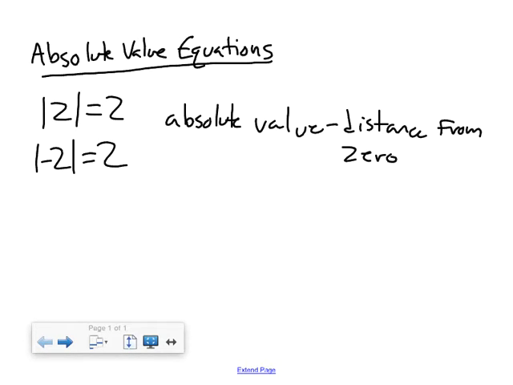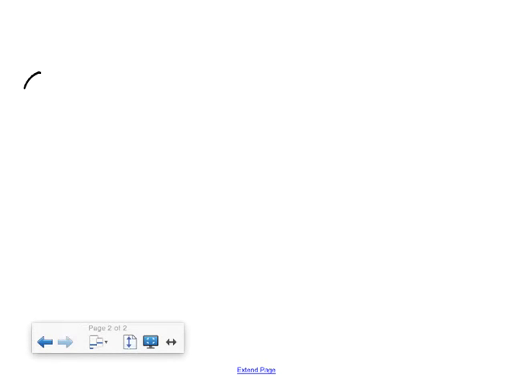So since distance is always positive, basically a positive number stays positive and a negative number is just going to turn into the positive form of that number. Right, so let's look at an example here.